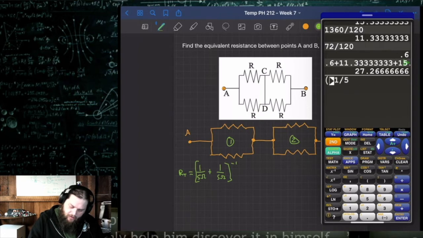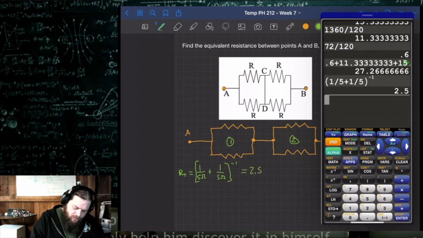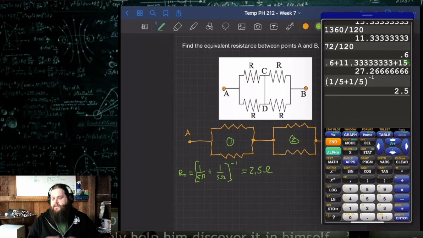I always forget my first parenthesis. Plus 1 divided by 5. Close. Taking it to the negative 1 power is equal to 2.5 ohms. And notice it's half the resistance of either one of them.